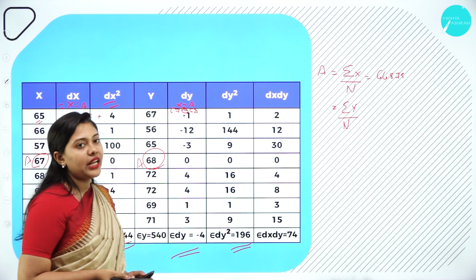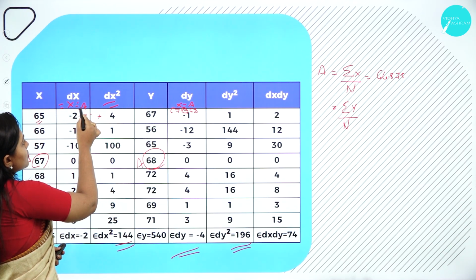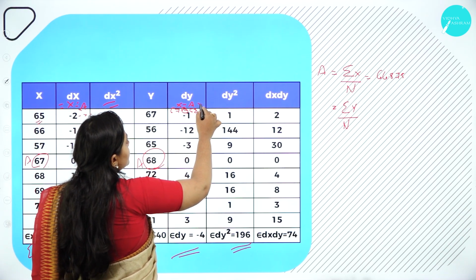So how to calculate dx dy? dx is this column. dy is this column.